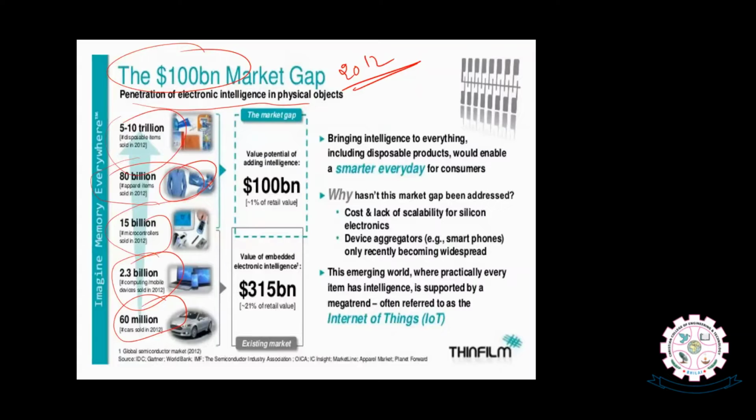You will see that the market gap is increasing day by day, and if you can produce an intelligent device, then the market is always there to promote it. But what is making all this possible is that thin film devices are crucial, whether you name it in consumer electronics or cosmetics, anywhere these things have come up.